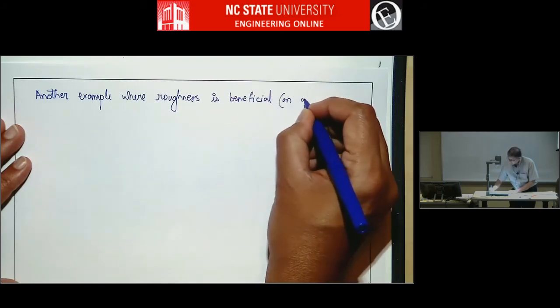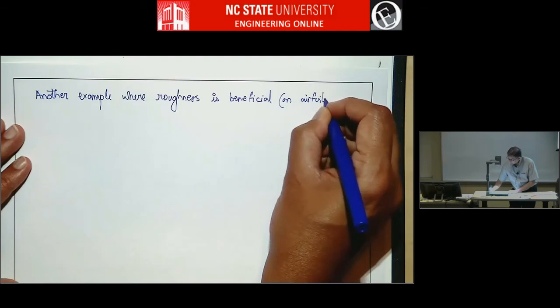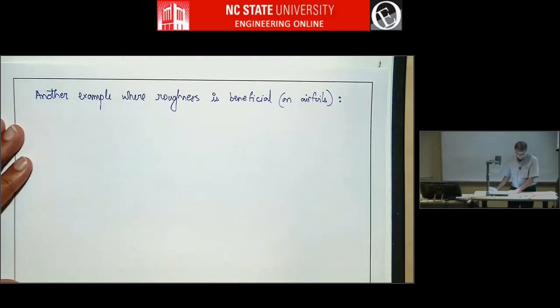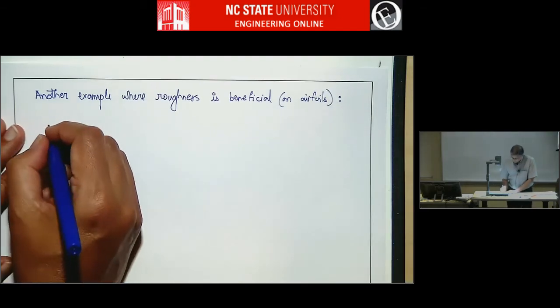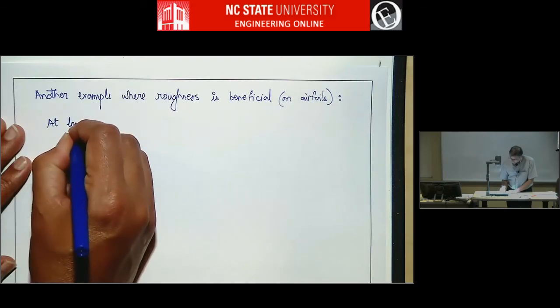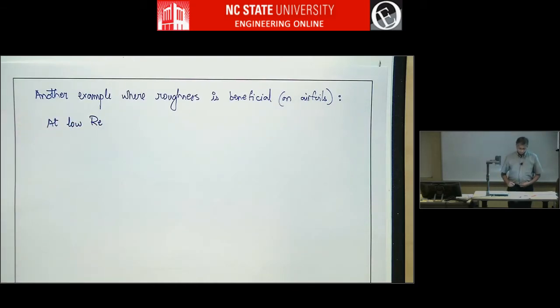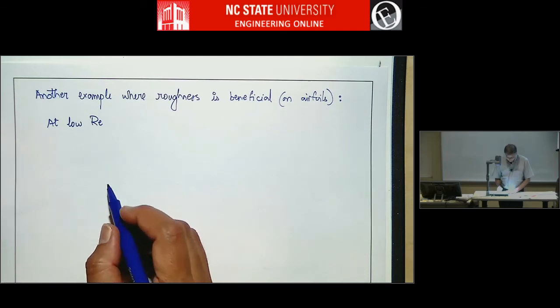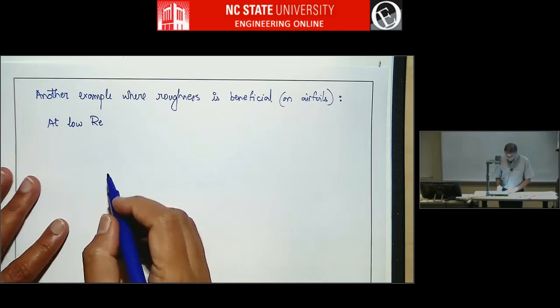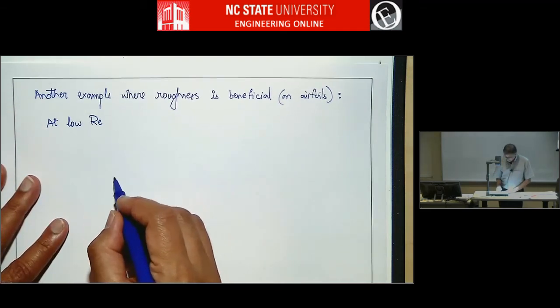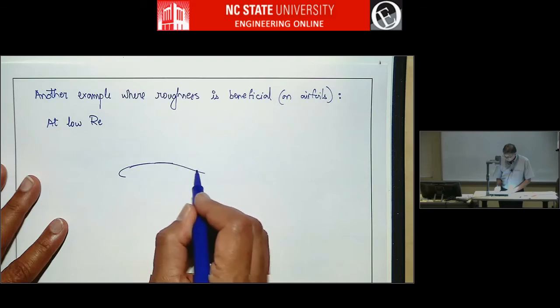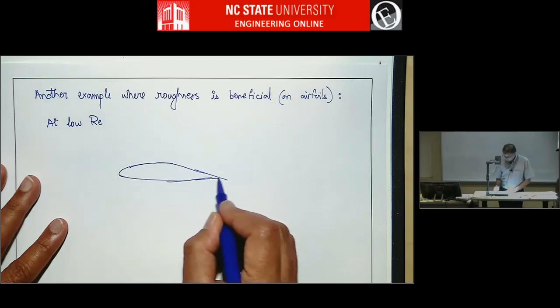And here we are talking about airfoils. So where this helps is at low Reynolds numbers. So we talked about laminar separation bubbles in the last class. So let's say you have an airfoil like this.